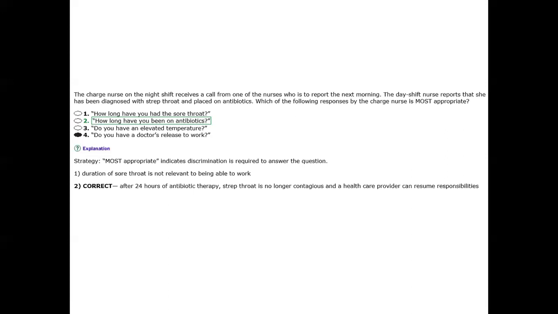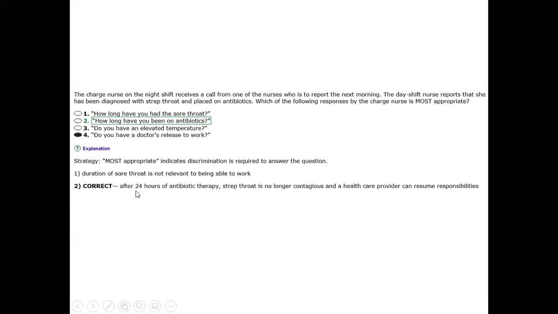Bacterial infection always raises the temperature. But when you start the antibiotic, everything will subside. And number 4, do you have a doctor's release to work? So they said number 2, how long have you been on antibiotics? This is the most appropriate question to ask.